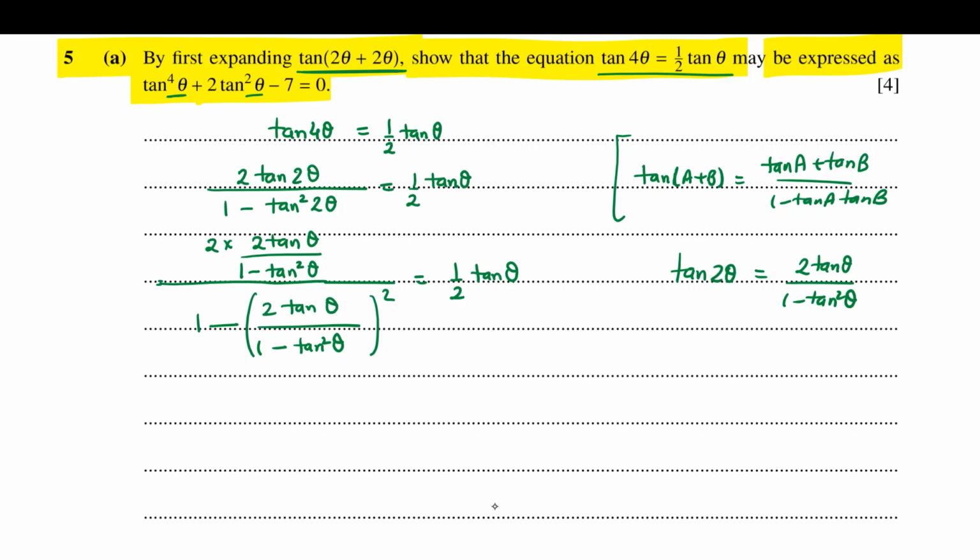So let's simplify. We are going to get a common denominator, 1 minus tan square theta, but here we square, so we'll get 1 minus tan square theta extra, so we can send it into the numerator. So it is going to be 4 tan theta into 1 minus tan square theta in the numerator, and then the denominator is 1 minus tan square theta whole square minus 4 tan square theta, equals half tan theta.